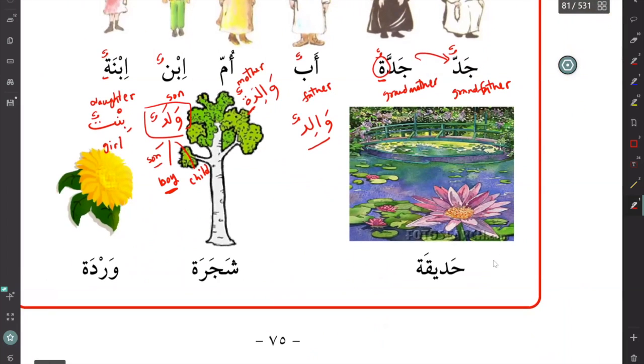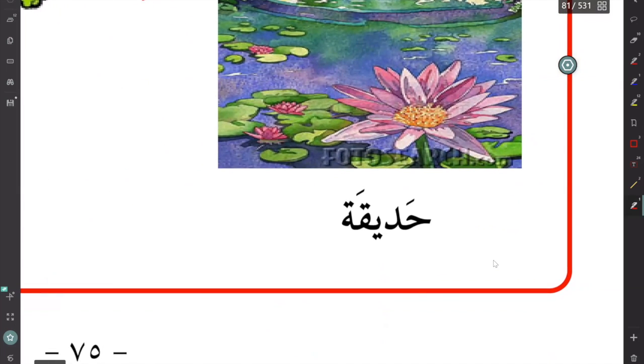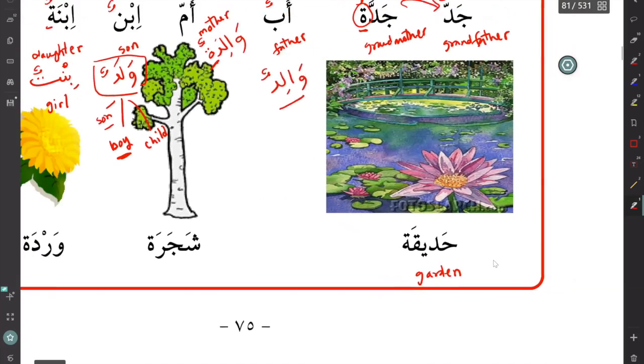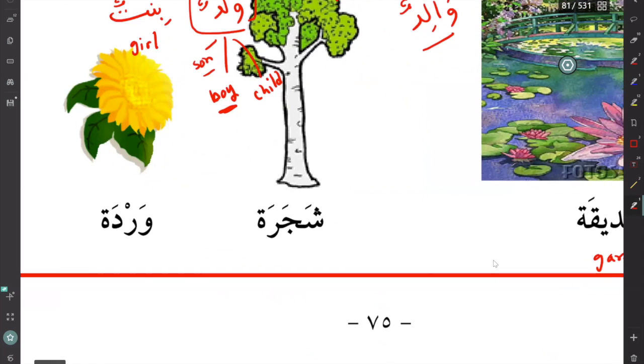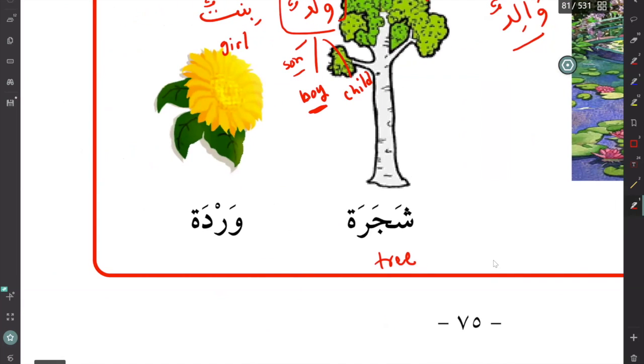جيد. Now we have حديقة. حديقة is a garden. شجرة. شجرة is a tree. And we have وردة.